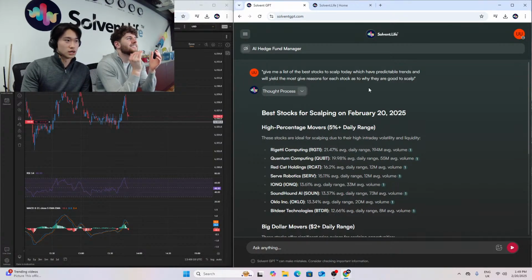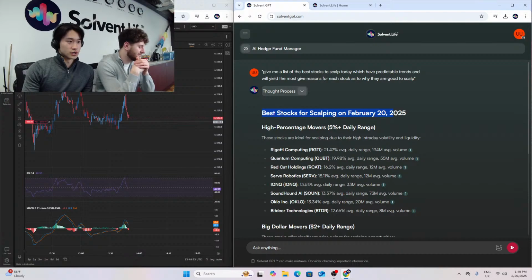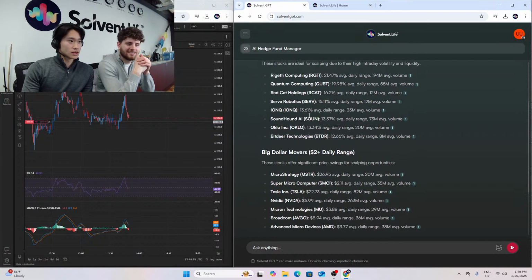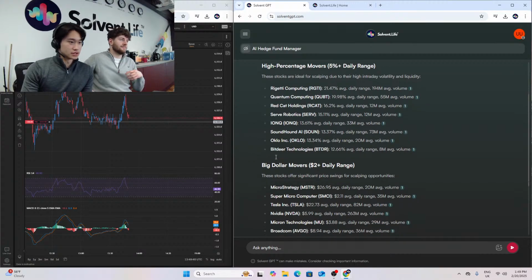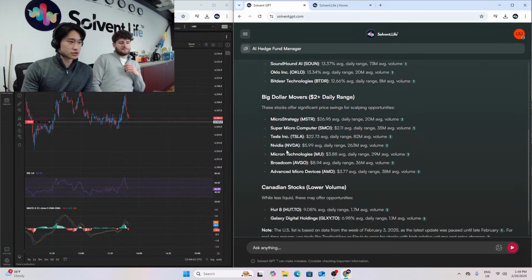So we asked it the best stocks to trade today as a scalper, best stocks for helping scalping, high percentage movers, 5% plus daily range. So Rigetti, Qubit, a few quantum computing stocks here, SoundHound AI, BitDeer Technologies, a lot of tech stocks here. Got MicroStrategy.